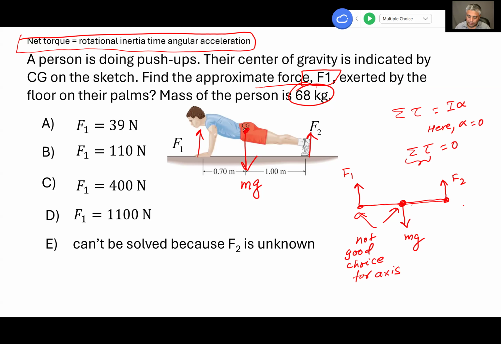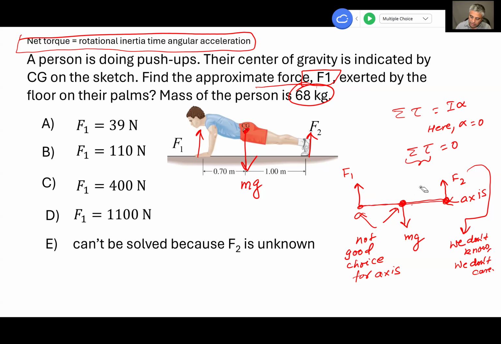On the other hand, F2 is a good choice for the axis, because F2 is the one that we don't know and we don't care. We're not trying to find F2. The question is not asking us to find that. We don't know that, so we want to eliminate it. If we choose the axis there, that's how we can eliminate it nicely.